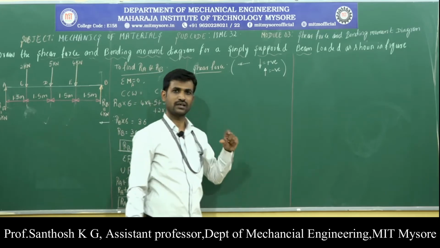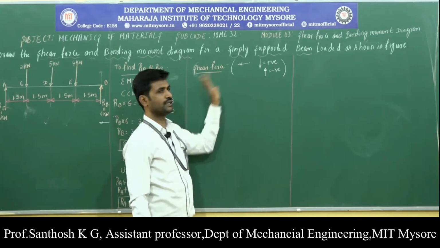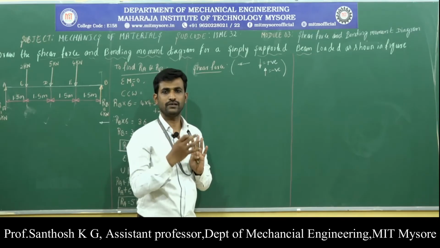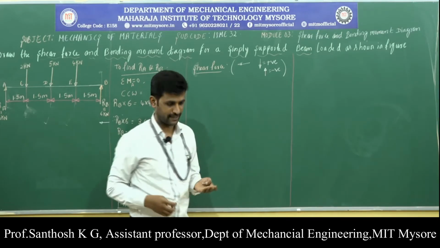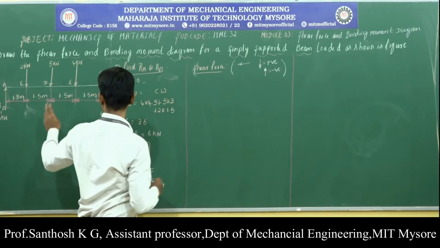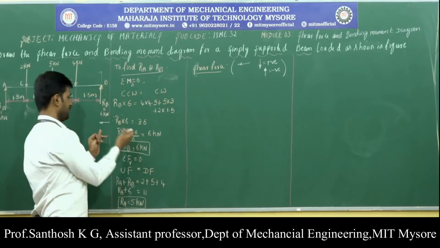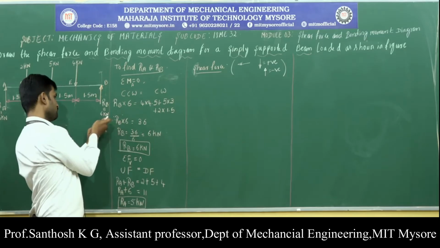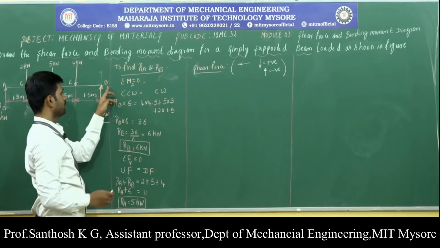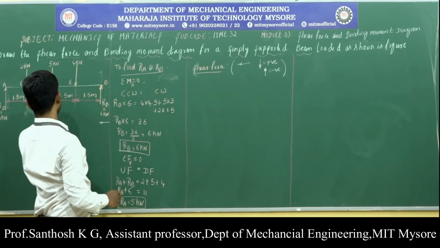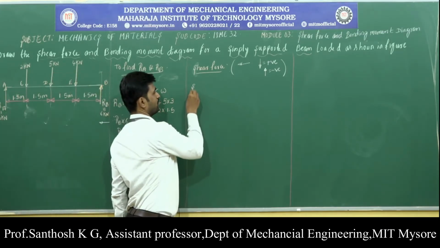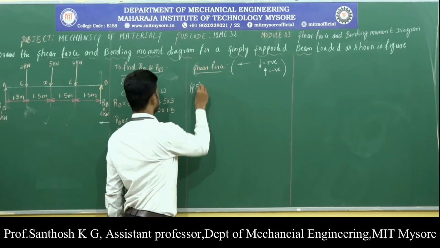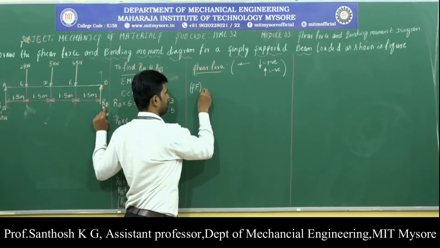This is the convention we will use in order to find the shear forces at the various salient points. When moving from right to left, the salient points are B, E, D, C and A. So first we shall find the shear force at point B.